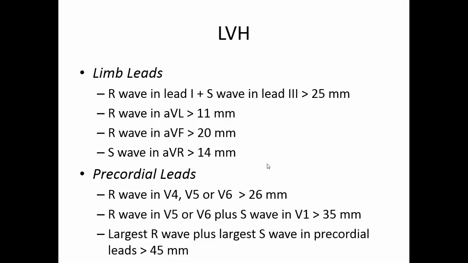And I think we talked about adding the part of the EKG findings in the limb leads plus the precordial leads to get readings greater than, I think, 20 and 25 millimeters. And then we also talked about this R wave in AVL. But I'll let you take a look at these at your leisure, that way you'll know whether or not a patient has LVH when you look at their EKG.